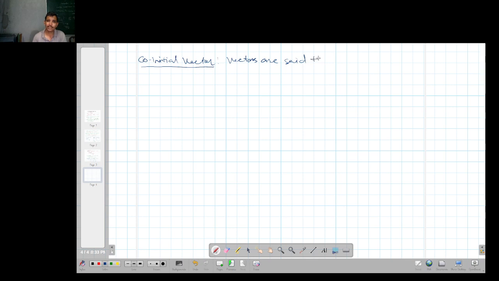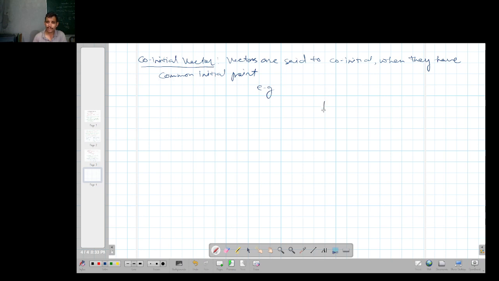Vectors are said to be co-initial when they have a common initial point. Common initial point.